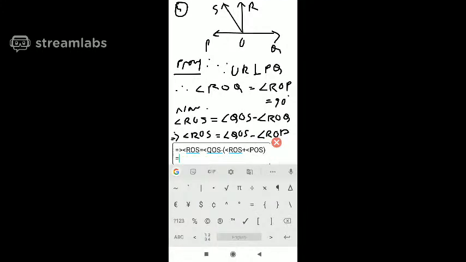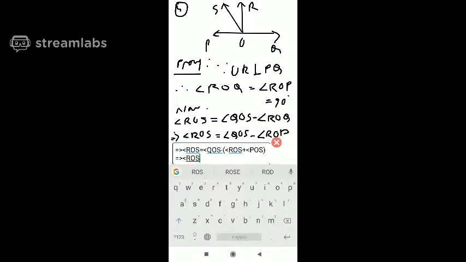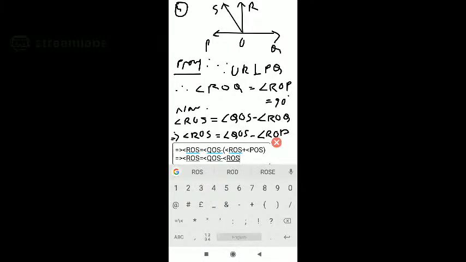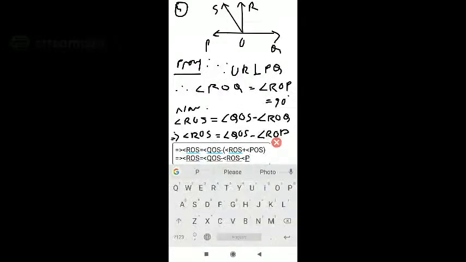The sign will be there, implies angle ROS also will be there, and minus angle POS.